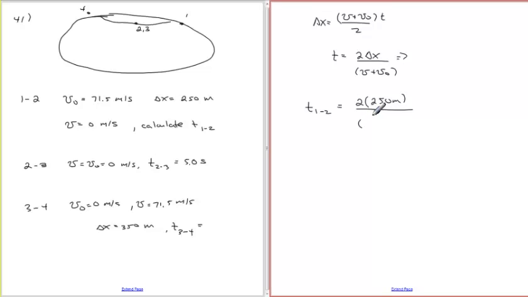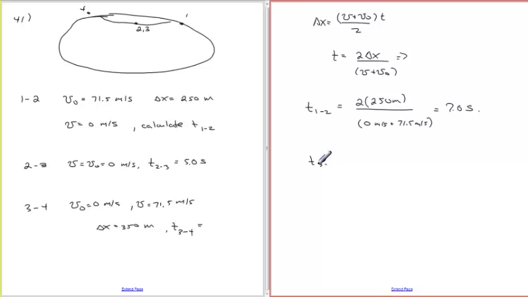So V, which is the final velocity, is 0 meters per second, plus the initial velocity, which is 71.5 meters per second. And if we do that, we get 2 times 250 divided by 71.5, and that's about 7.0 seconds.